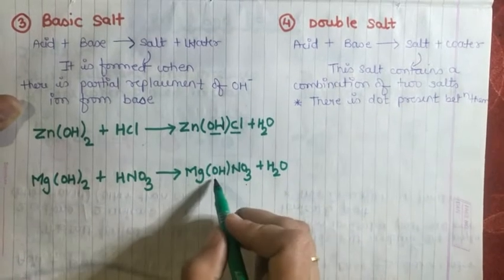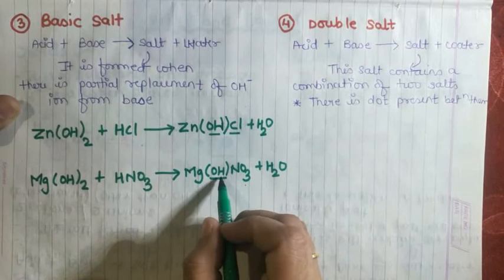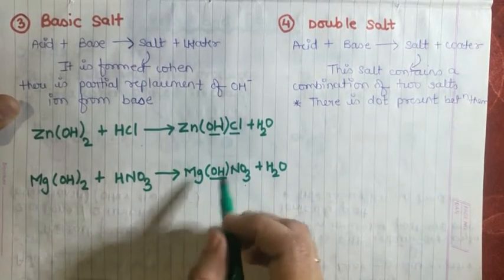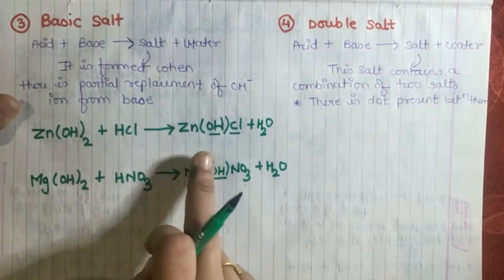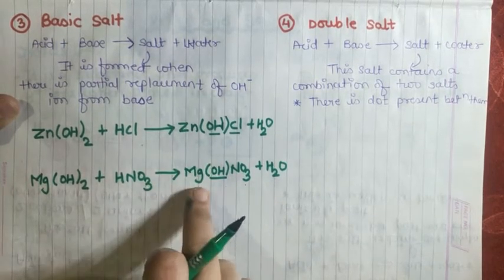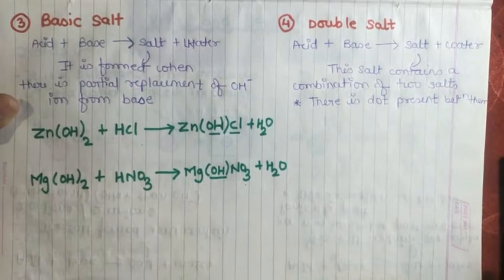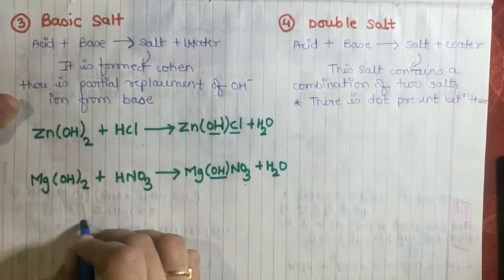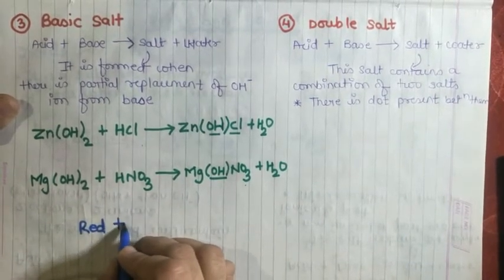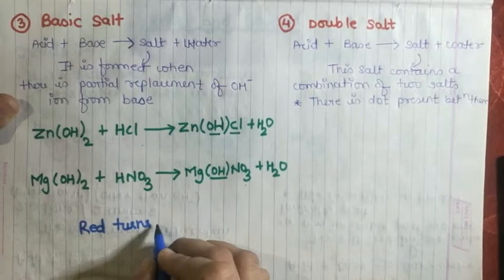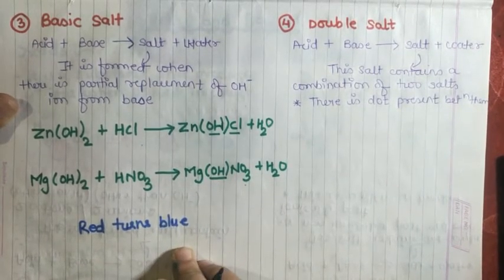Here you can see that both salts contain the hydroxyl ion in the salt solution. Then this salt will show basic character. So whenever you test this salt against litmus paper, you will find that the red litmus paper turns blue, showing the characteristics of a base.